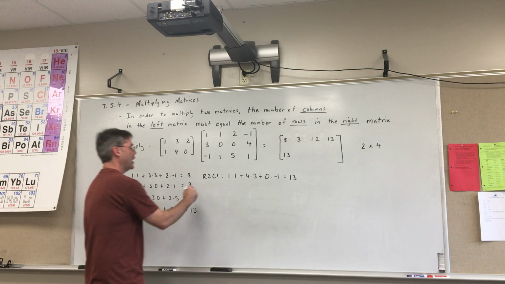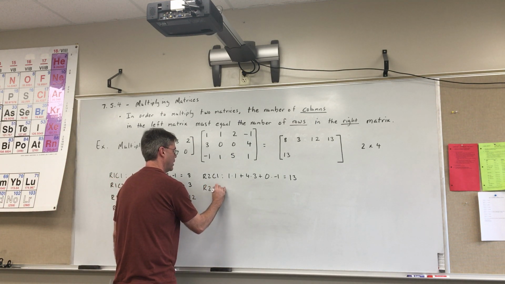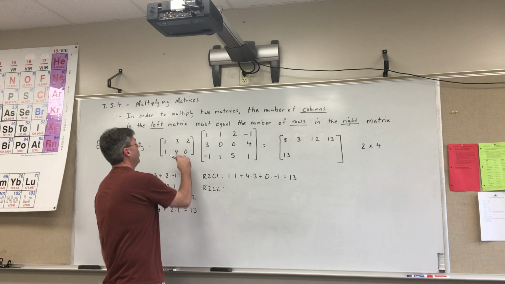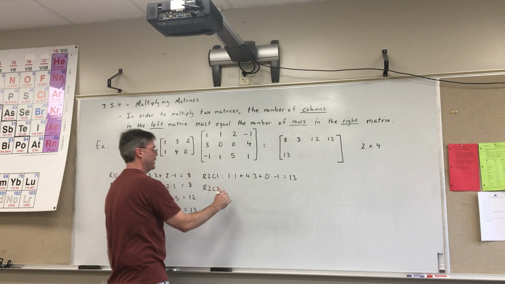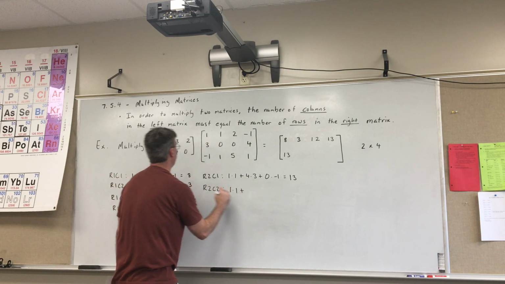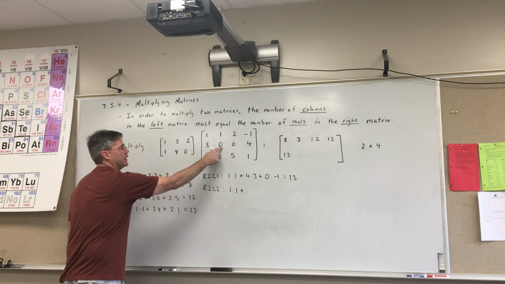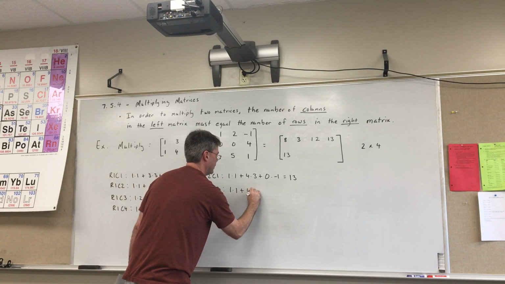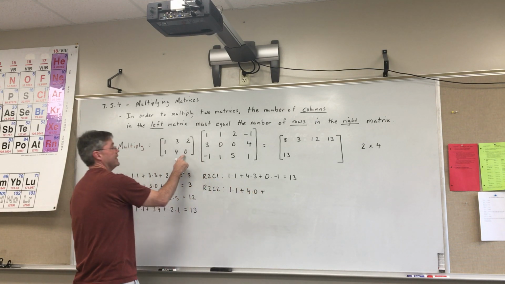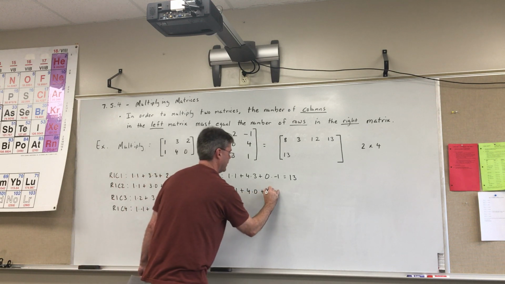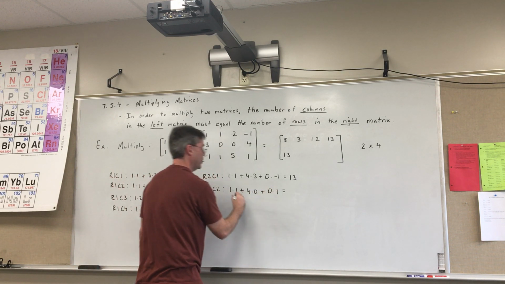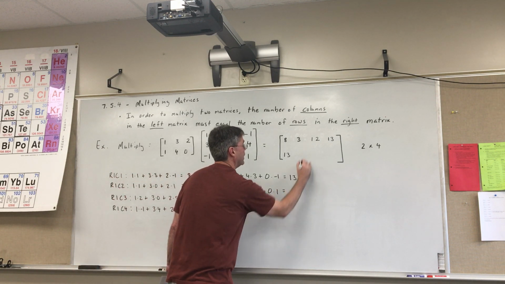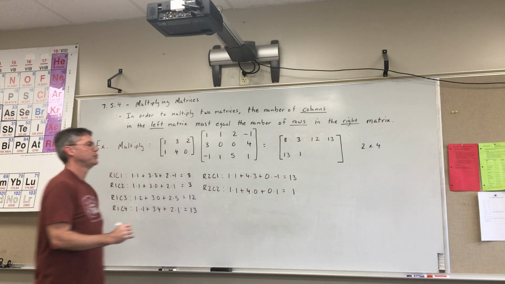All right, row 2, column 2. 1 times 1 plus 4 times 0 plus 0 times 1. So that's going to be 1 plus 0 plus 0, 1. Fill that in.